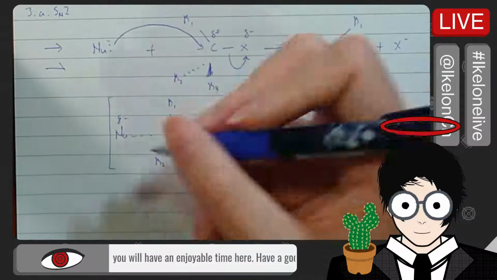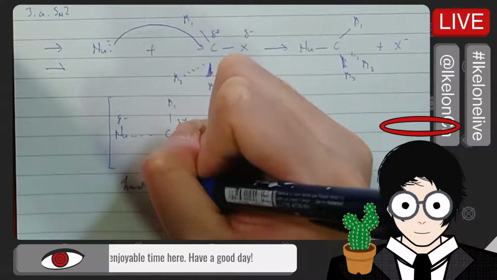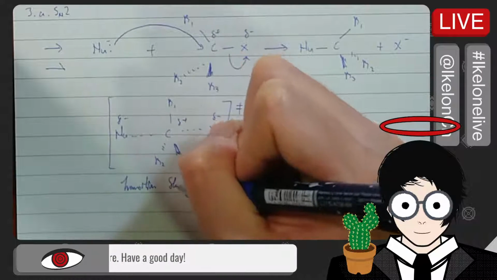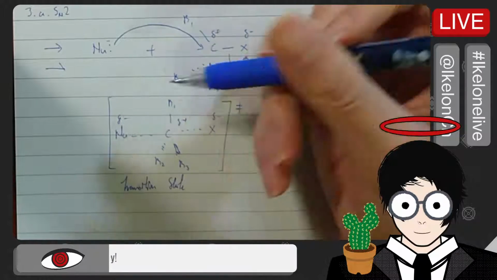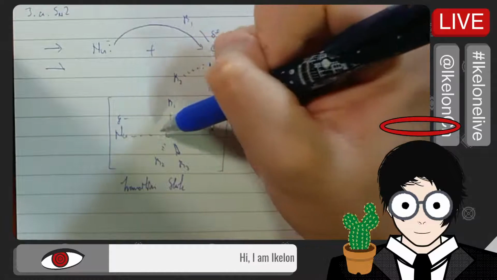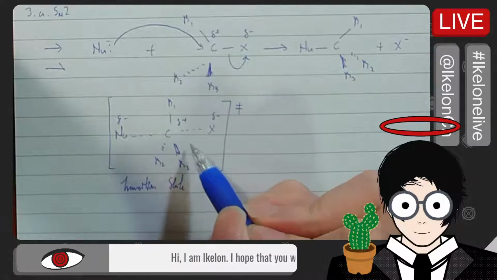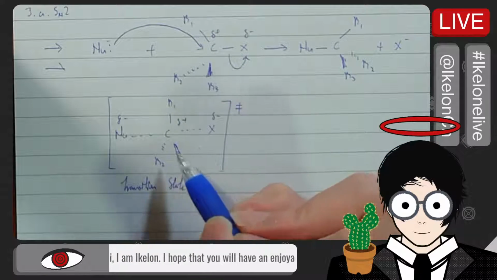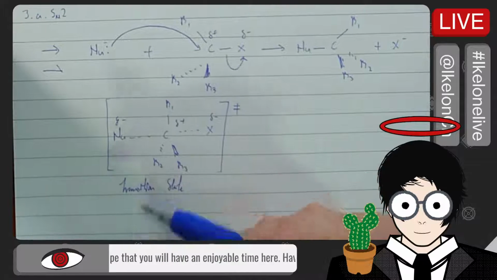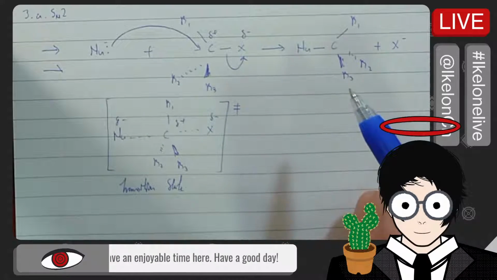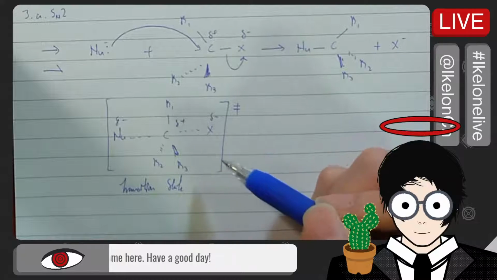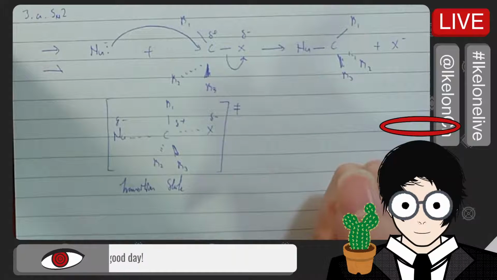So this is the transition state. So this is what it looks like. The nucleophile is about to form a bond with the carbon, and the carbon-halogen bond is about to break. So that's why it's dotted. So this is the transition state, and this is the end result. This is not usually needed, but it's good to know.